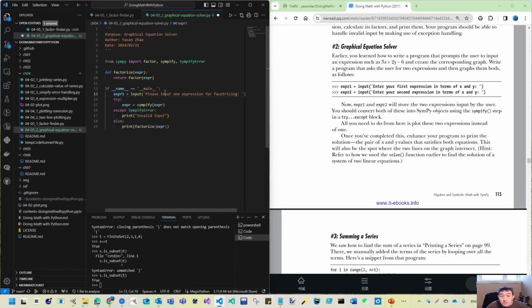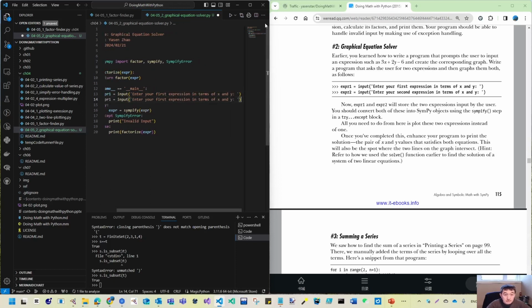First we convert this input: please enter your first expression in terms of x and y. That is the first one. Then we can make the second one, expr2: enter your second expression, the same.